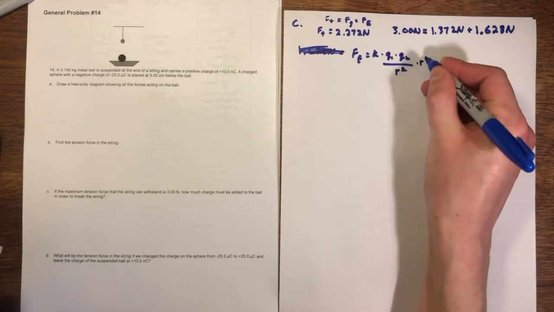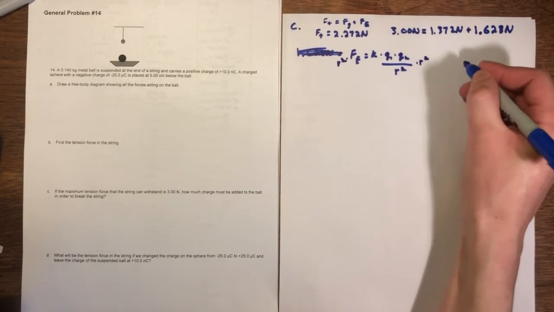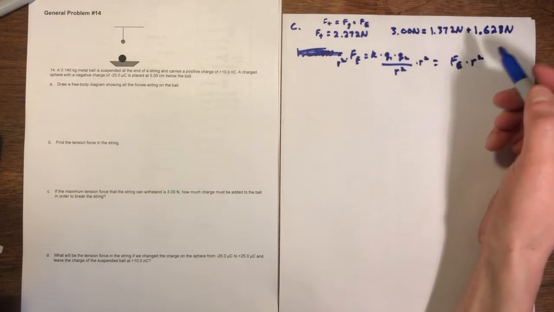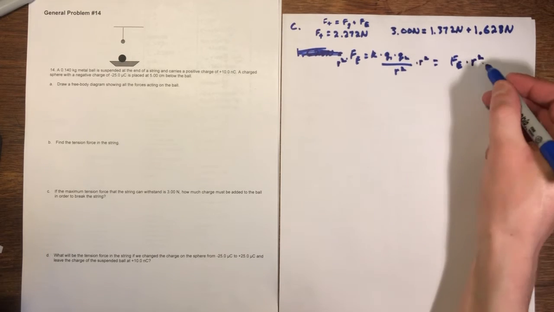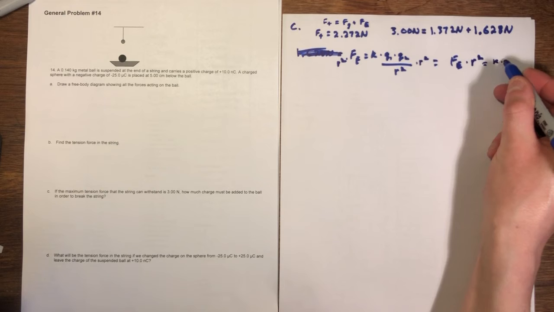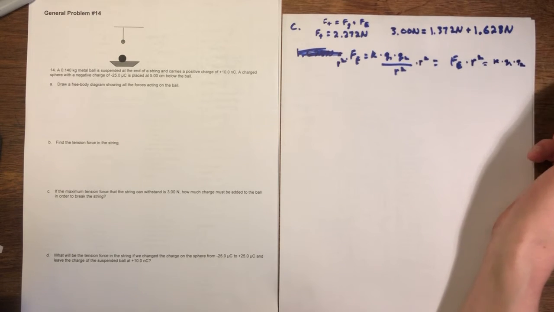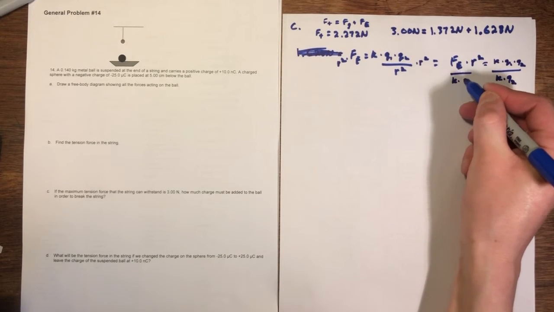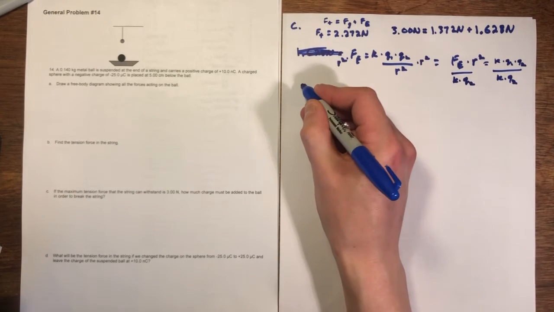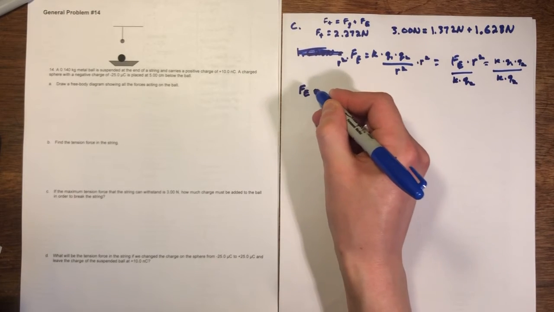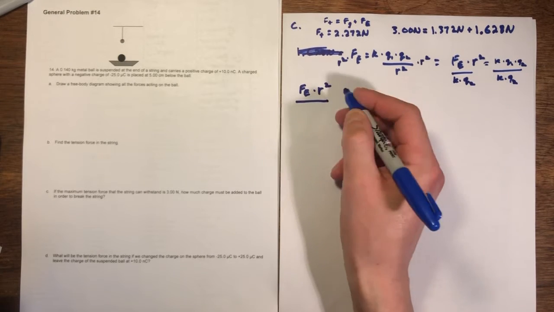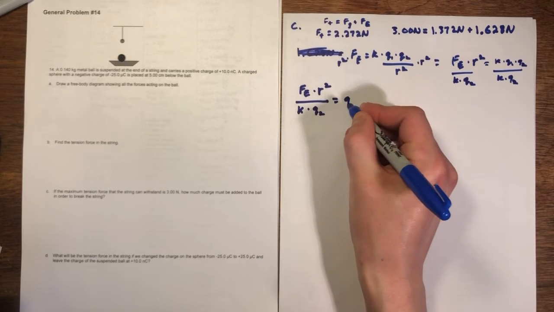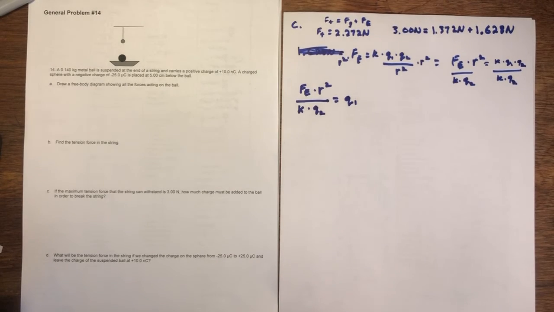So we multiply the force by R squared, which equals K times Q1 times Q2. Then I can just divide by K times Q2 on both sides. So I get the electrostatic force times the radius squared, over our constant times the charge of 2, to equal the charge of 1.